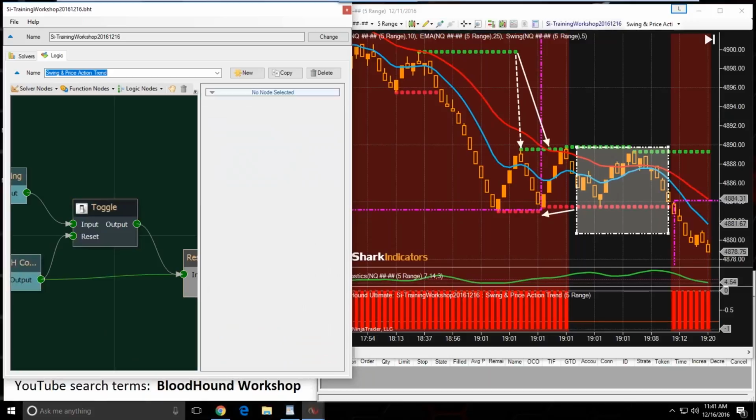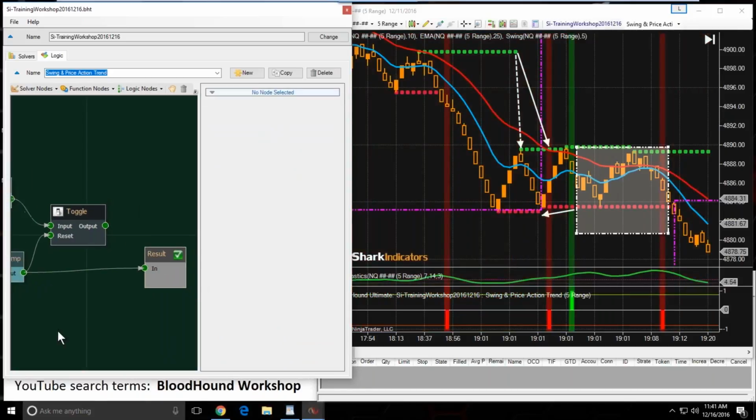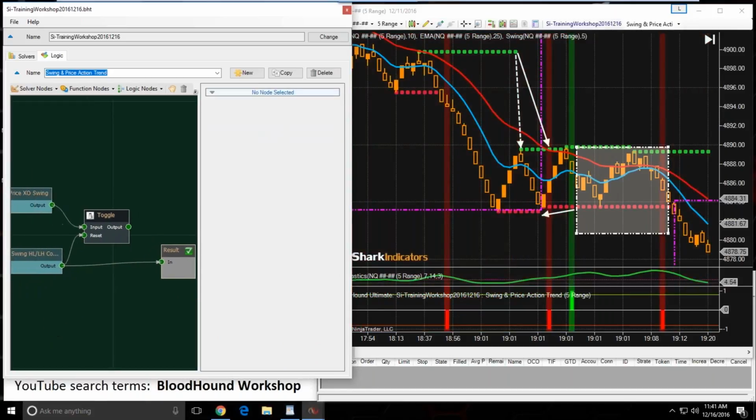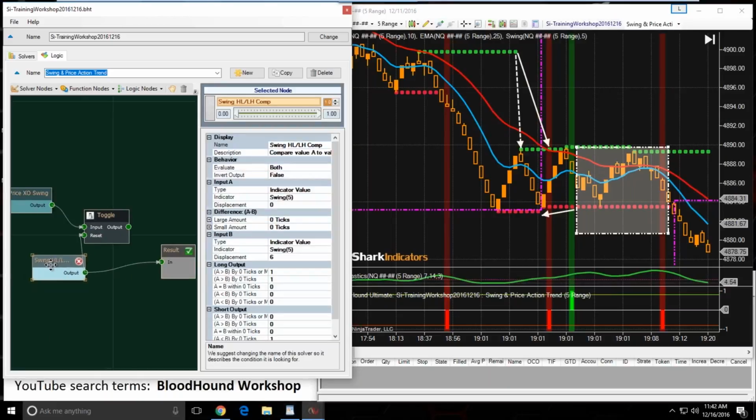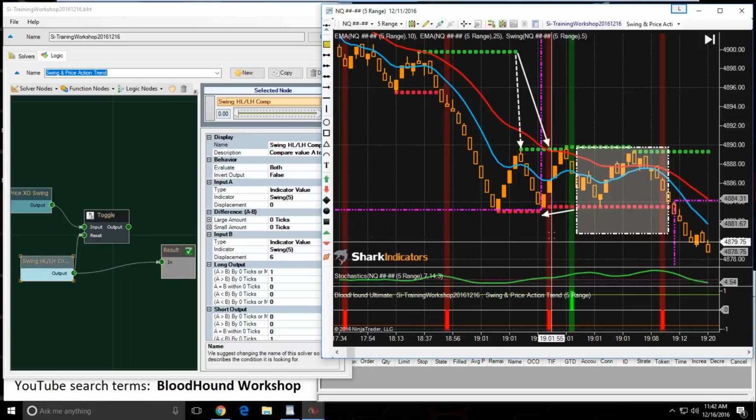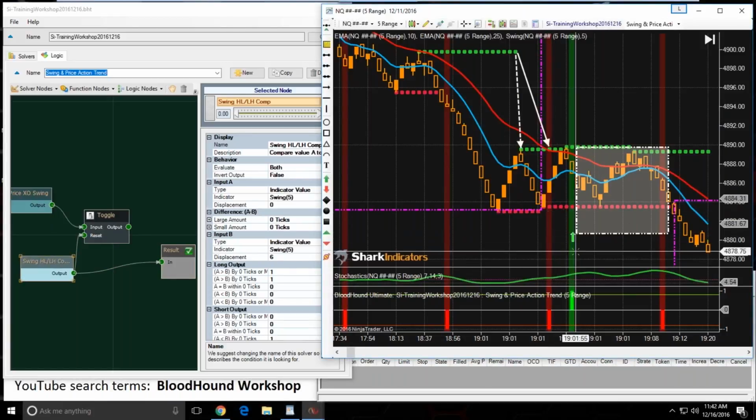And the way we know it's an opposite signal, right, let's take a look at the signals that are resetting. And so here we go. So this long signal is resetting the short state.